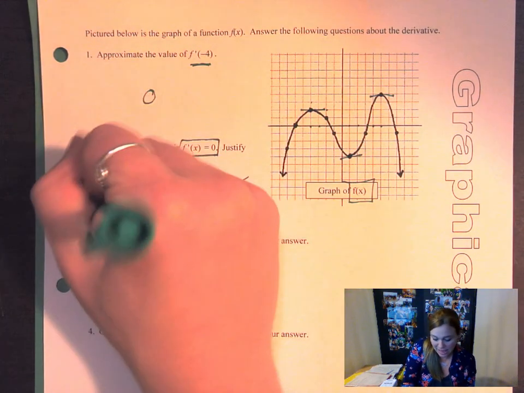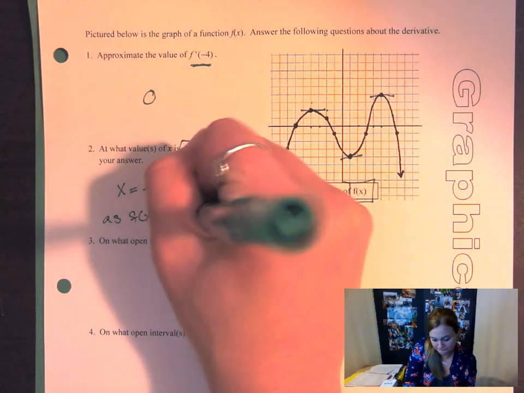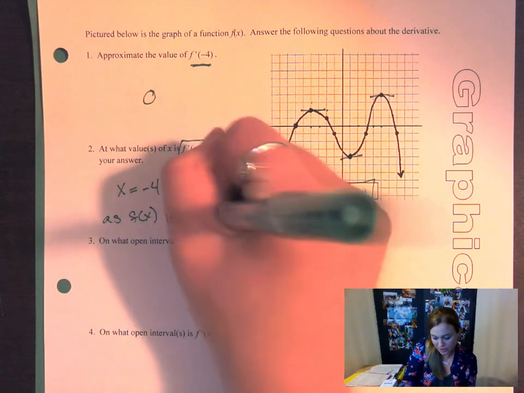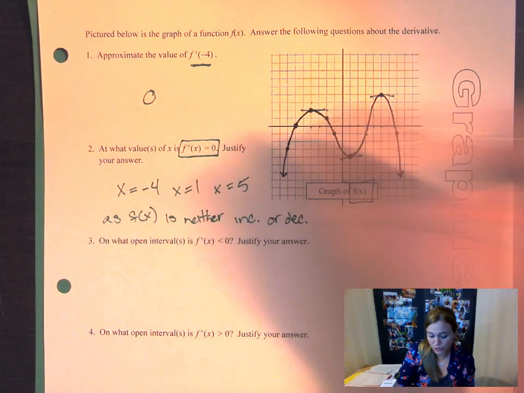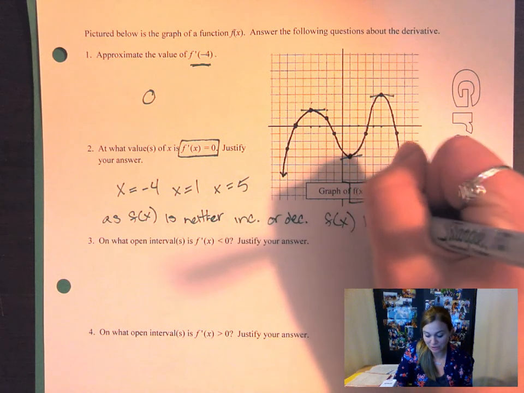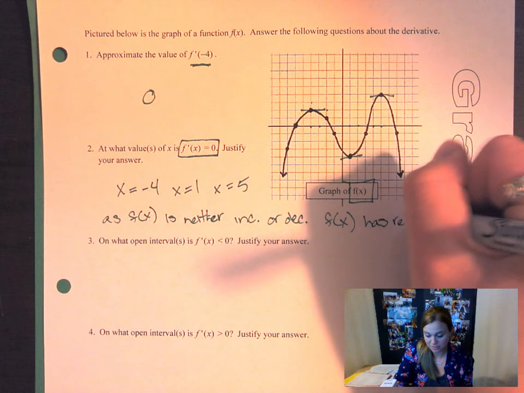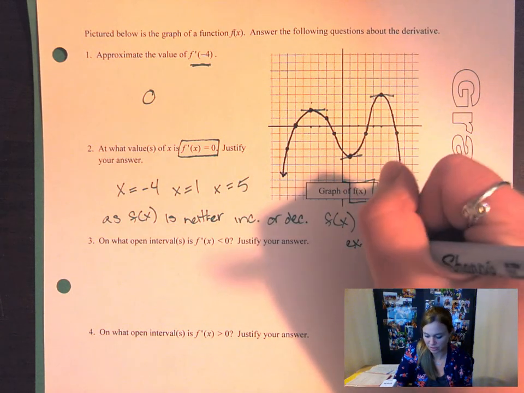So I'm going to say f of x is neither increasing or decreasing. Or you could say f of x has relative extrema, meaning relative extremes. Or you can say relative mins or maxes. That sounds weird. Maximums.